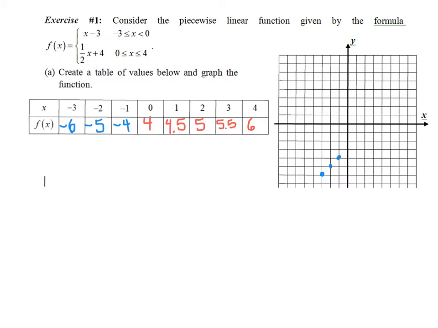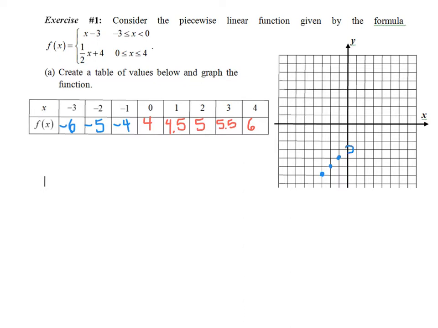Now, we can't jump immediately to 0, so we have to really think about what is happening between negative 1 and 0. If the pattern continued at 0 with the blue values, I would have had an answer of negative 3. But because 0 is part of the second function, I'm not going to fill in the circle at negative 3.